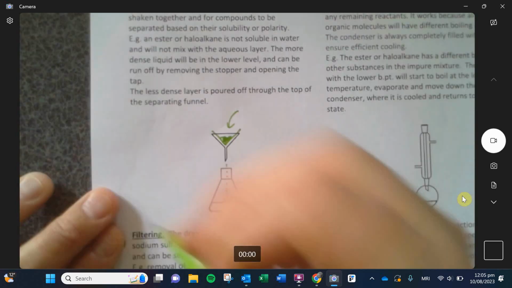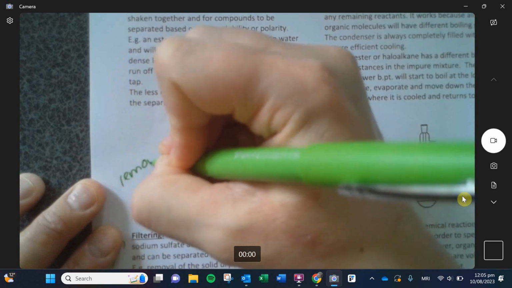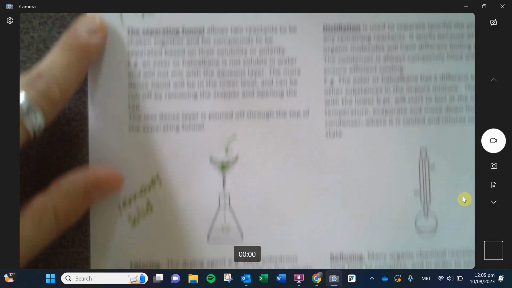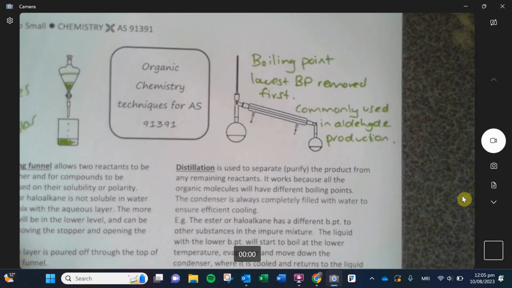So filtering removes the solid. This one here separates polar and non-polar. This one here separates based on boiling point. This one's obviously like the gold standard because boiling point is really specific to the molecule.